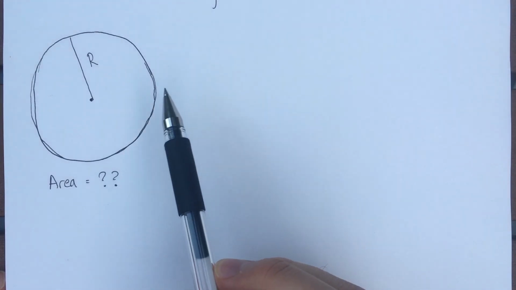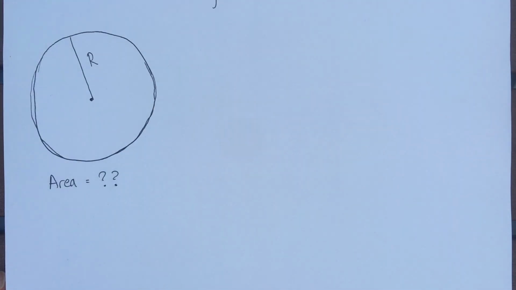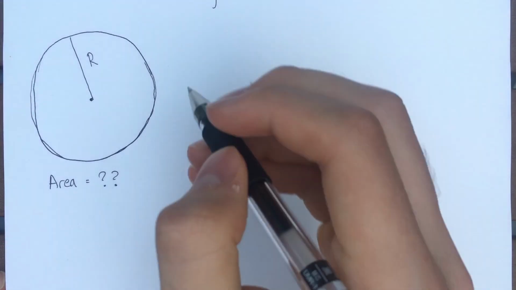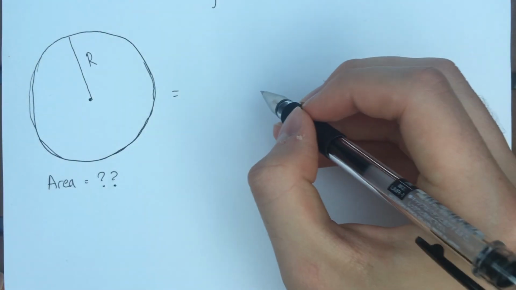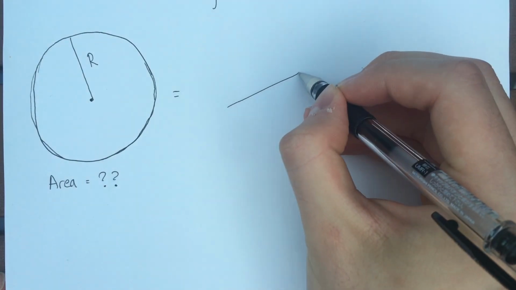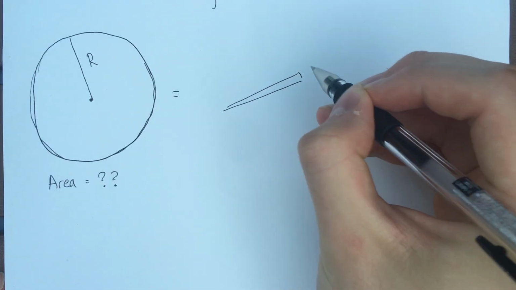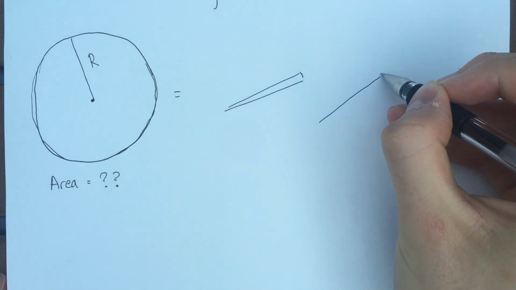Now we can do this two ways. So here's the first method. This circle can simply just be rewritten as the sum of many small pizza slices.